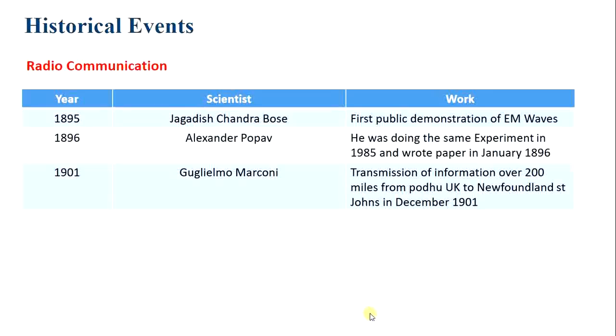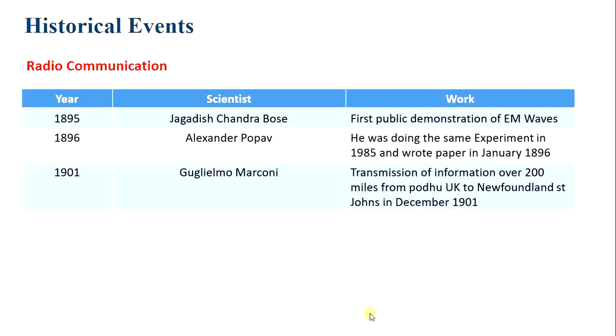Some historical events related to radio communication. In 1895, Jagdish Chandra Bose first publicly demonstrated the electromagnetic waves, and he used this to ring a bell remotely and also to explode some gunpowder. The same experiment was carried out by Alexander Popov, who is from Russia.